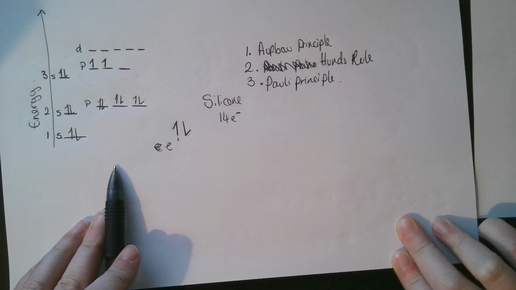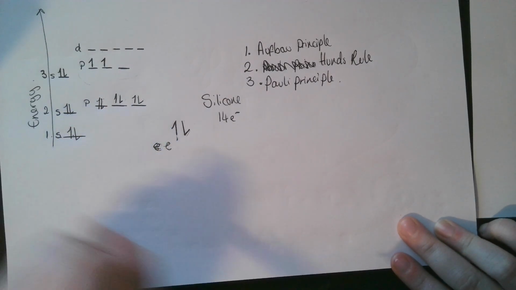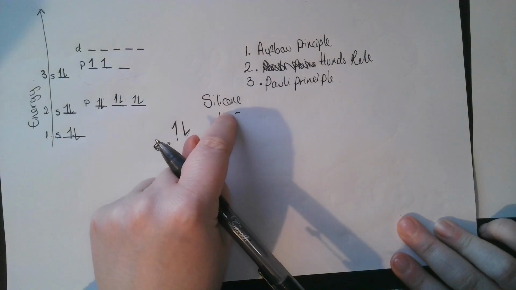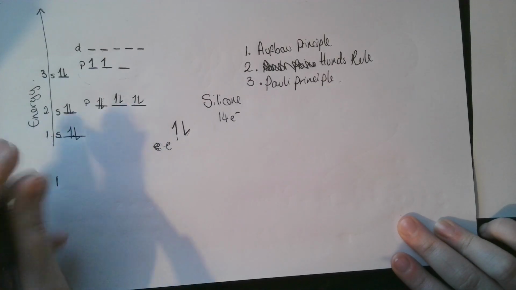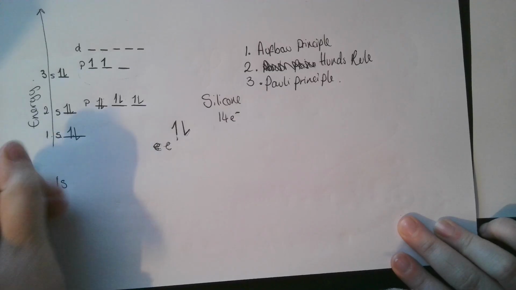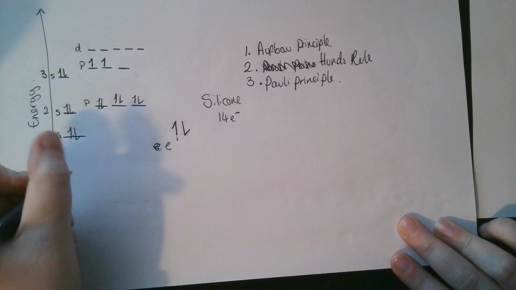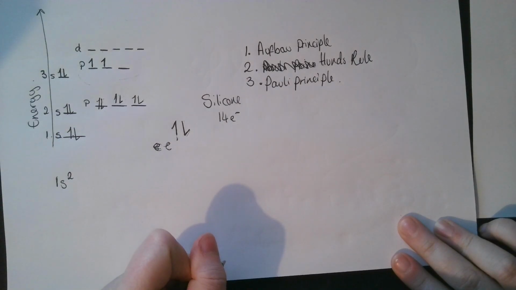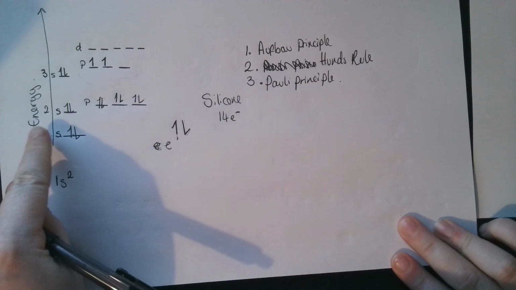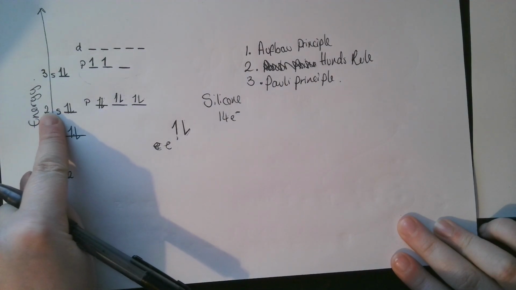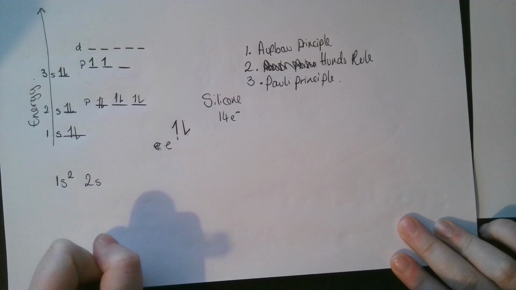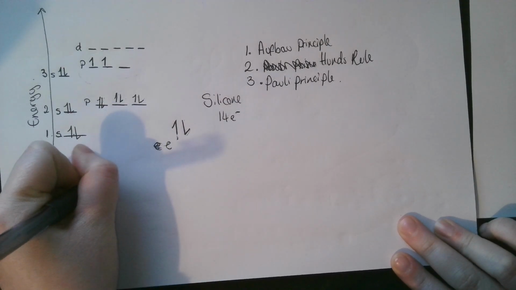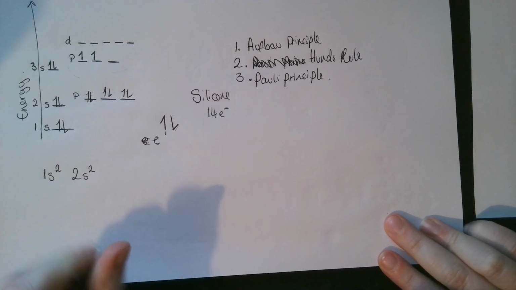Which is this. So the electron configuration of silicon is 1, first energy level, S, in the subshell S, we have 2 electrons. Moving on up in energy, in the second shell, in the S subshell, we have 2 electrons.